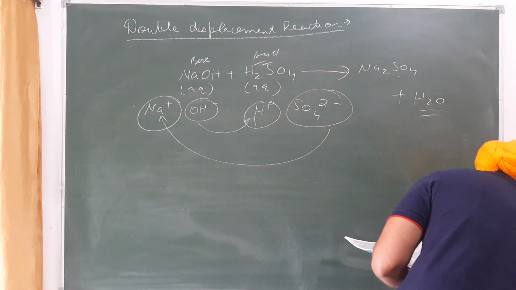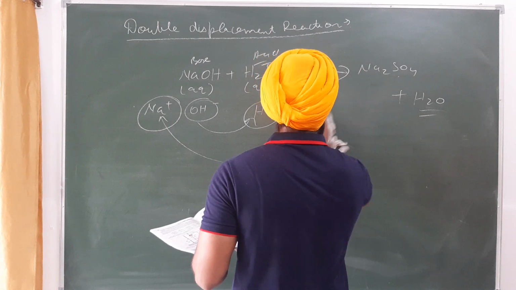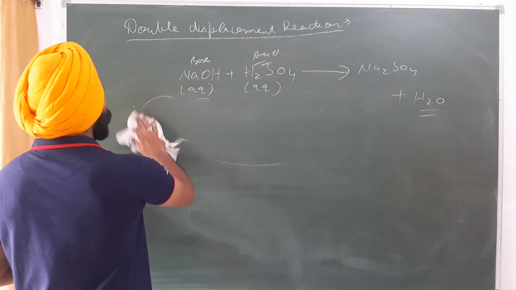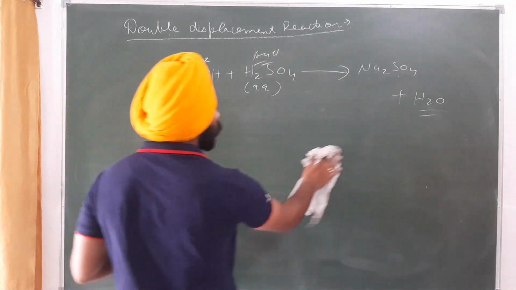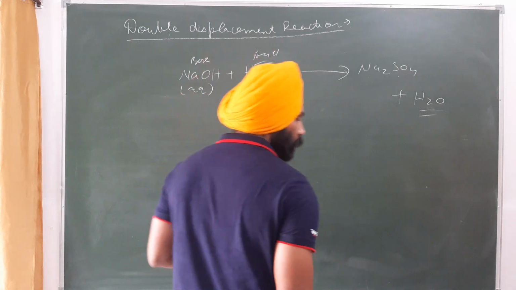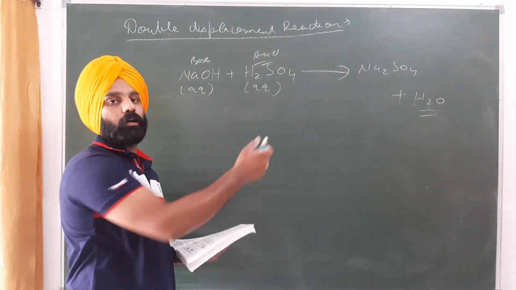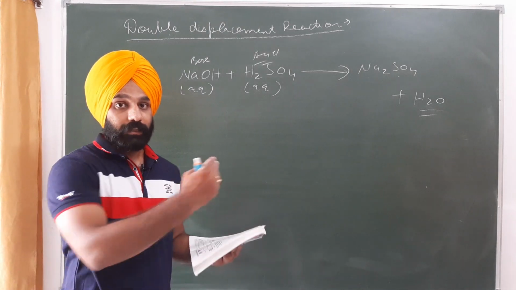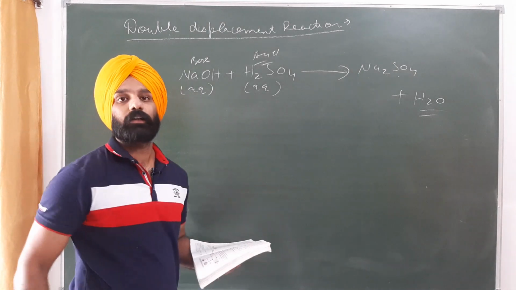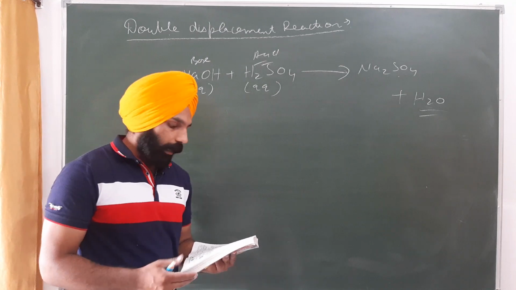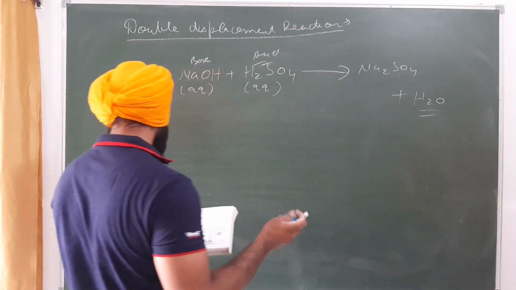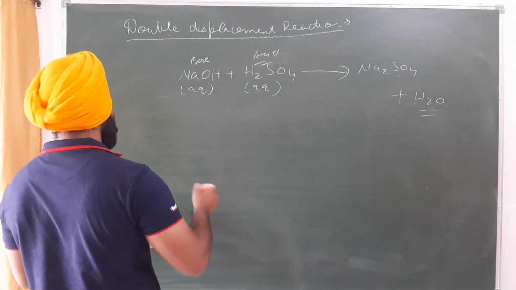Next, as these follow the same mechanism which is followed by double displacement reactions, these are also a subpart of double displacement reaction. That's why we are discussing it here. Now another example is KOH plus HCl.